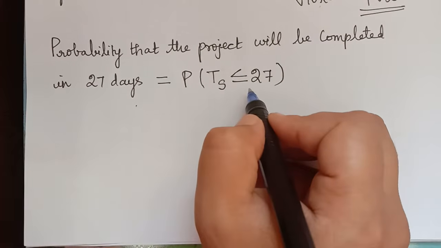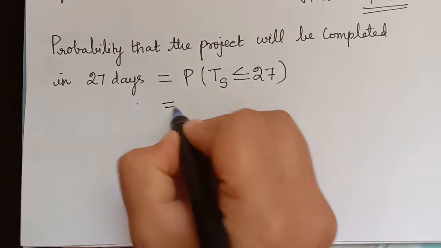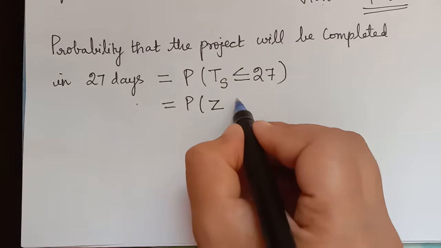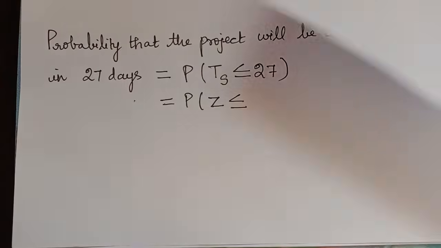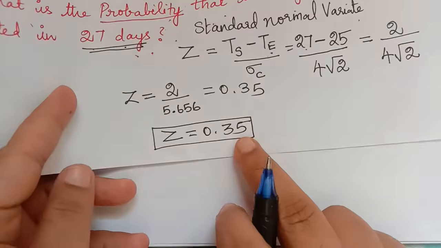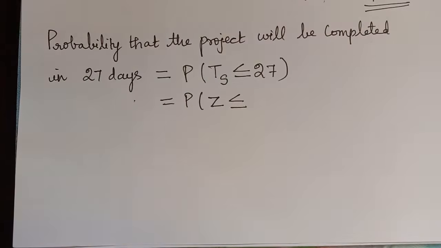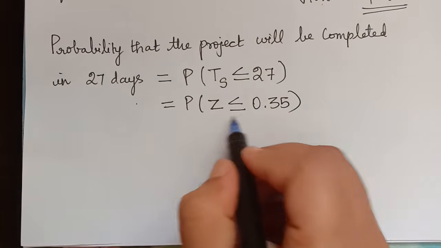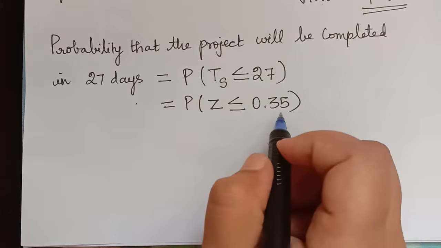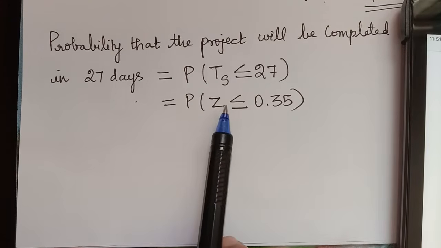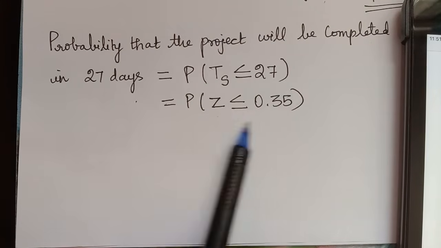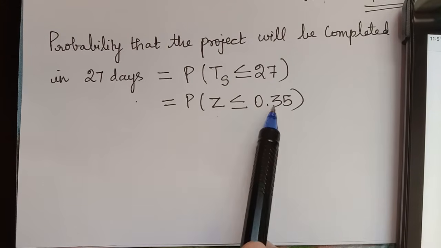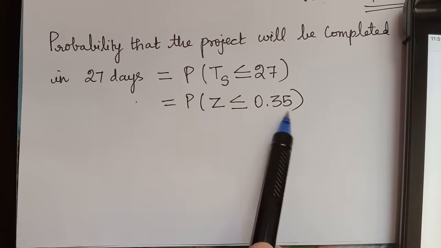This is what we have to find, which is the same as the probability of the Z statistic, that is the standard normal variate, lesser than or equal to, what is the value that we have evaluated? 0.35. So that we have to write. Now this has to be calculated from the normal table. So let us take the standard normal variate table, and we will evaluate the probability of Z lesser than or equal to 0.35.